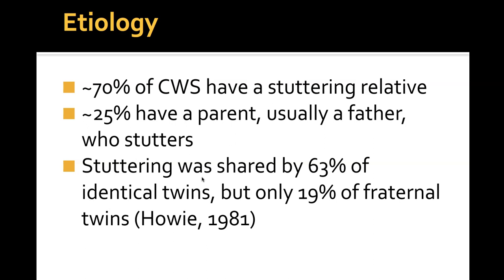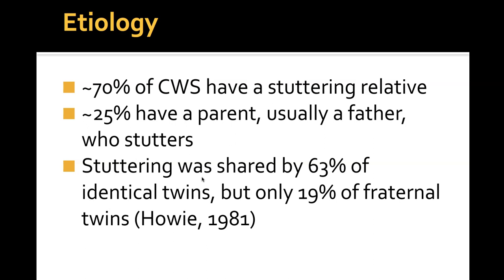So etiology: about 70% of children who stutter have a stuttering relative. About 25% have a parent, usually a father, because more men stutter than women. And we don't have a lot of good research on identical twins who stutter, but somewhere between 60% and 2/3 of identical twins where one twin stutters, the other twin also stutters.